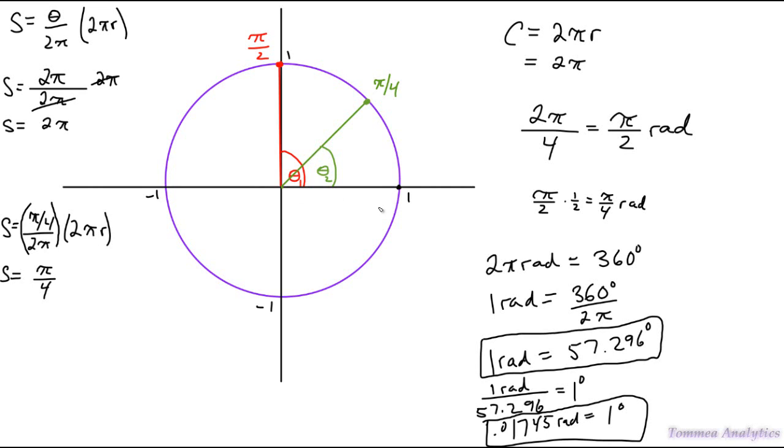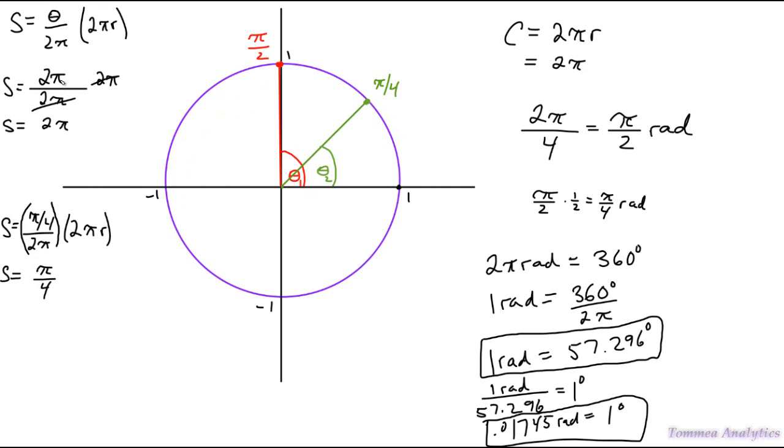The 2 pi r is essentially the entire circumference. This factor of pi over 4 divided by 2 pi is, for lack of a better word, taking a piece of the entire circumference of 2 pi r. So what we get back is a number, in this case pi over 4. So pi over 4 is a fraction of 2 pi r, again 2 pi r being the entire circumference of the circle.